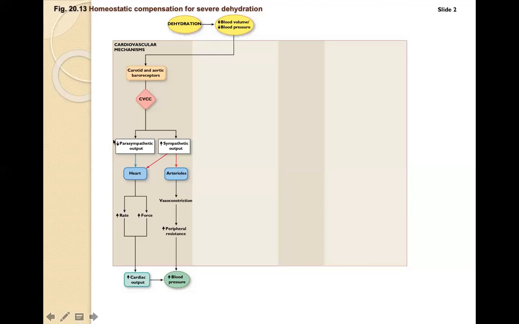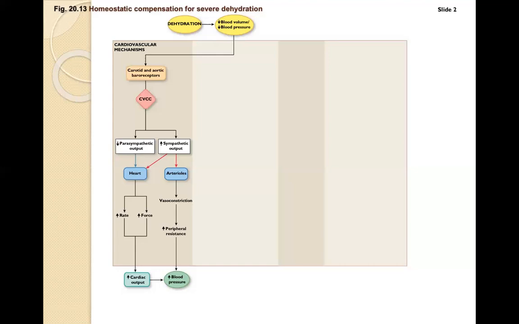The parasympathetic nervous system is going to have a direct effect on the heart. Specifically, that decreased parasympathetic output is going to lead to the heart rate increasing. That's because, if you recall from the cardiovascular section, the sinoatrial node has muscarinic receptors on it that will bind to acetylcholine.